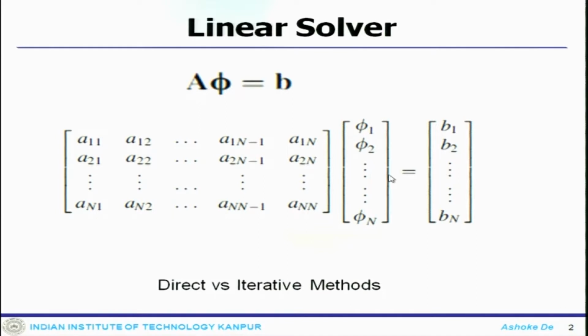Now, once we are done with the gradient calculation in the diffusion term discretization, you can see that from your diffusion equation you get a matrix of this order. So you get the linear equation. This is my linear system.